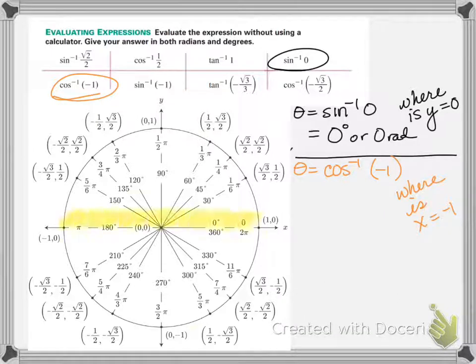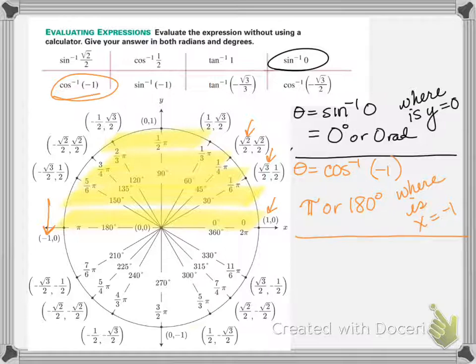Where are our answers? They are only located up here on the top two. And so again, walk around and look at your x's. And as you make your way around, you'll notice that x equals -1 is way over here on the pi equals 180 degrees. Okay? So hopefully this is coming across a little bit easier for you.